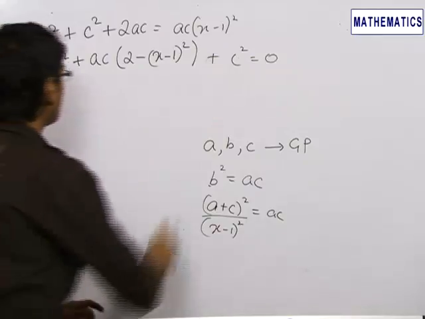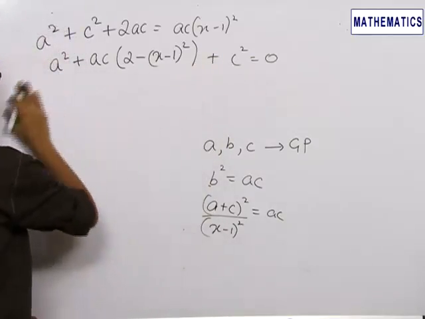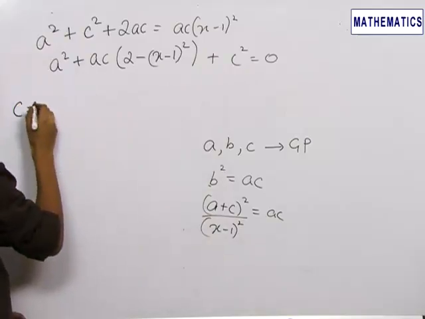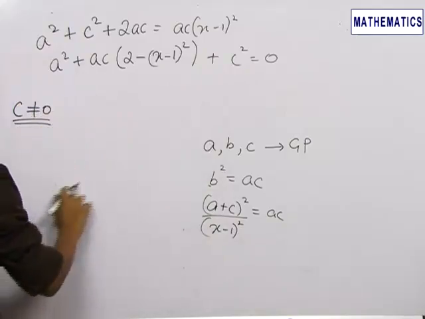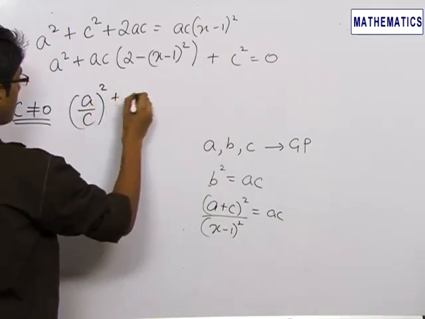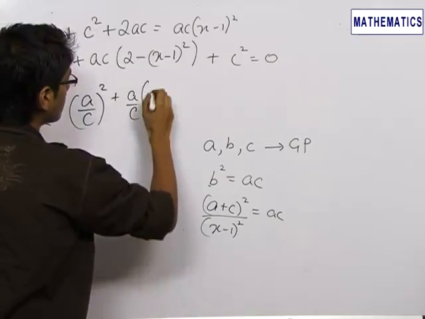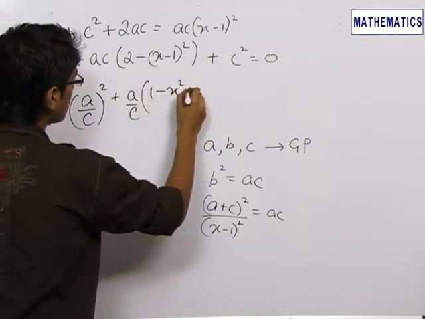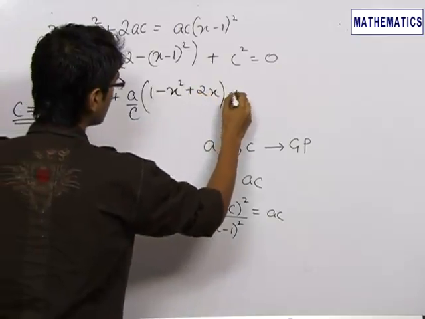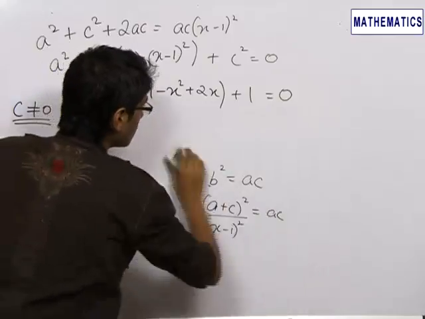Now dividing the whole equation by c², as c is not equal to 0, we get (a/c)² + (a/c)(1 - x² + 2x + 1) = 0... that is, (a/c)² + (a/c)(2 - (x - 1)²) + 1 = 0.